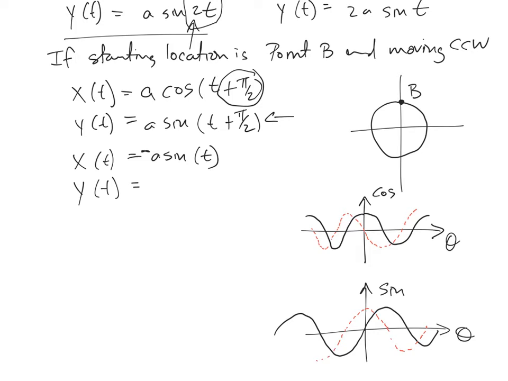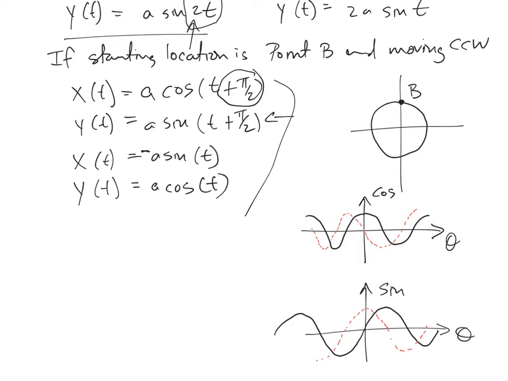What's the result? Cos, right? That red dashed line is a cos curve. So I get a cos t. Okay? So that's just a way of simplifying the curves or the expressions. Both of these are equivalent. Same thing. Okay?